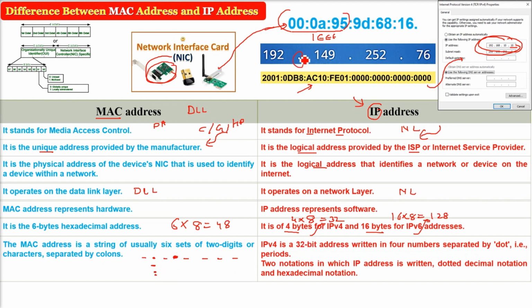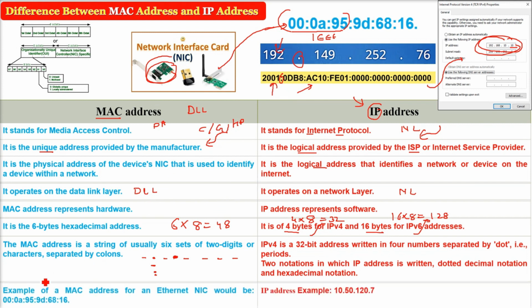IPv4 is a 32-bit address, which I am showing you in blue, separated by dots, and these numbers like 192 and 49 are all decimal numbers. But IPv6 is hexadecimal separated by colon. In the MAC example I showed you, the first 3 are given to the vendor, and the last 3 are given by the vendor.